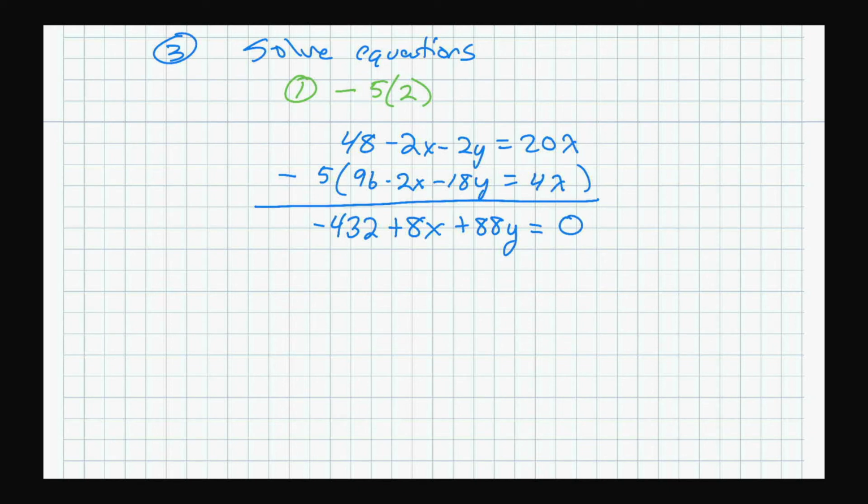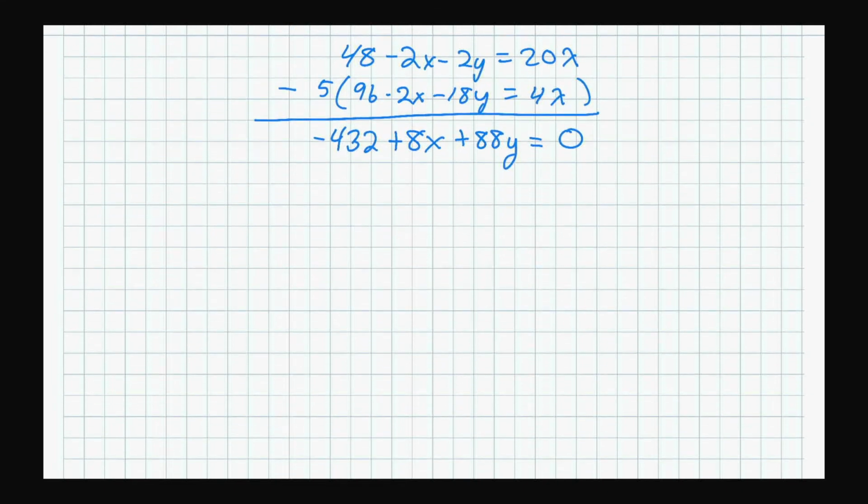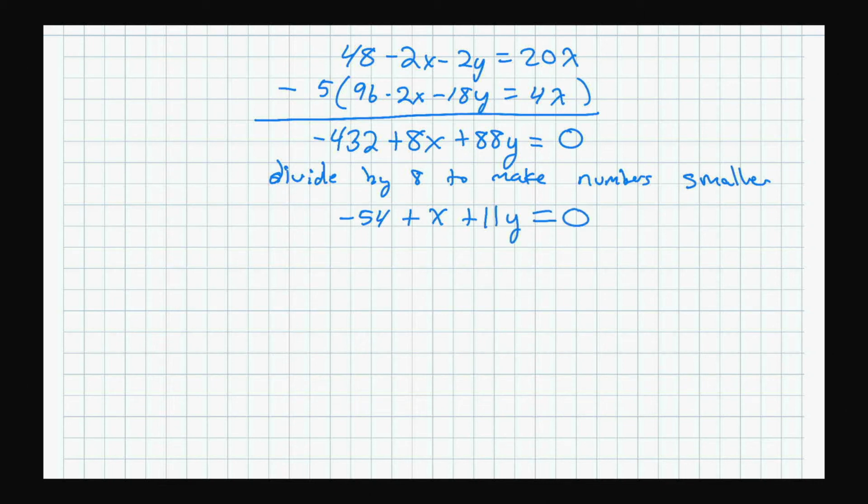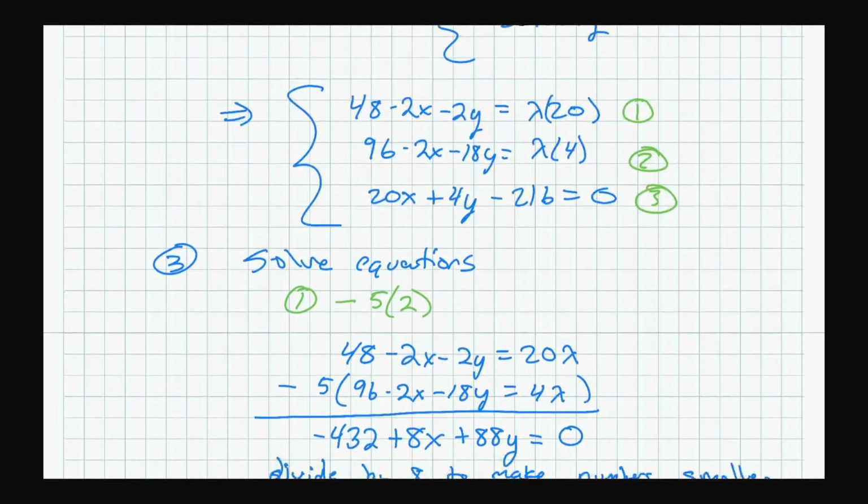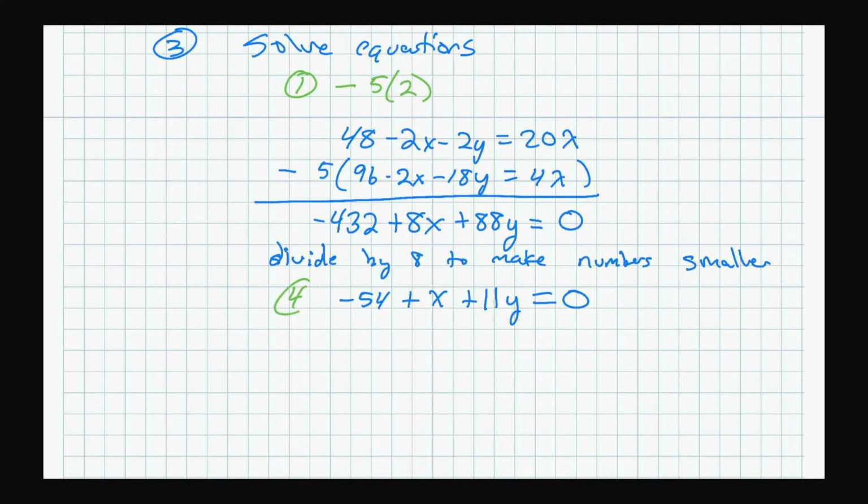Okay, so I'm just going to check here. All these numbers are divisible by 8. Let's just divide by 8 to make the numbers smaller. I get negative 54 plus x plus 11y equals 0. And let's give that equation a number. We have so far only 1, 2, 3, so this must be 4.